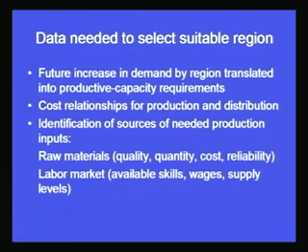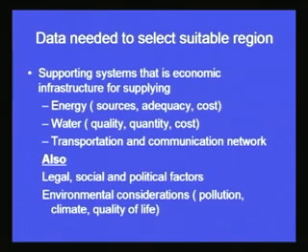So skills, the money we have to pay, and the adequacy or the supply of the labor, that is very, very important. Why are we seeing these factors? Because these are the factors which would guide us in making a judicious selection of a particular region in a big geographical domain. So these are the first two parameters that we have to take into account. Then there are other parameters such as supporting systems, that is economic infrastructure for supplying.